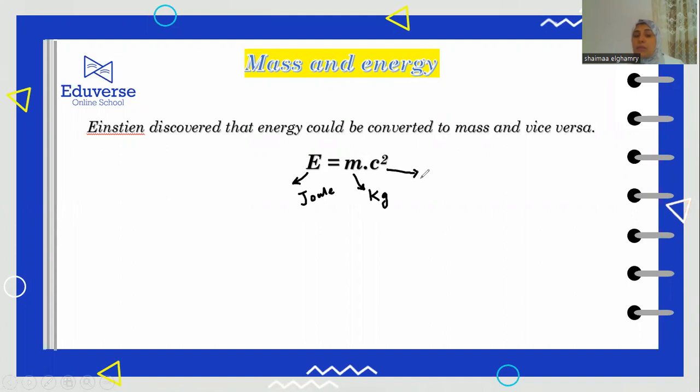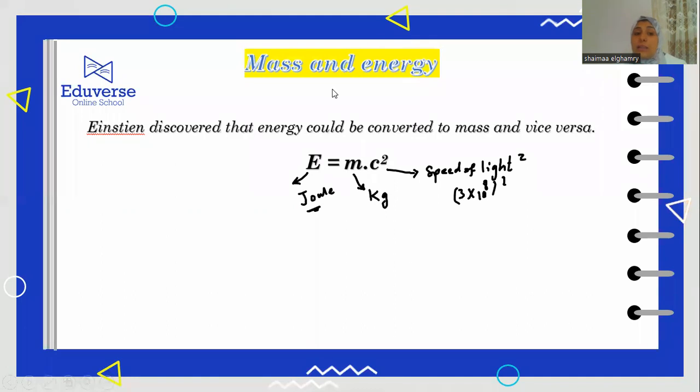And c squared represents what? The speed of light squared, which is 3 times 10 to the power of 8, squared. This is the first Einstein equation, because we have two Einstein equations. The first one calculates the energy in joules by using mass in kilograms and the constant, which is the speed of light squared.